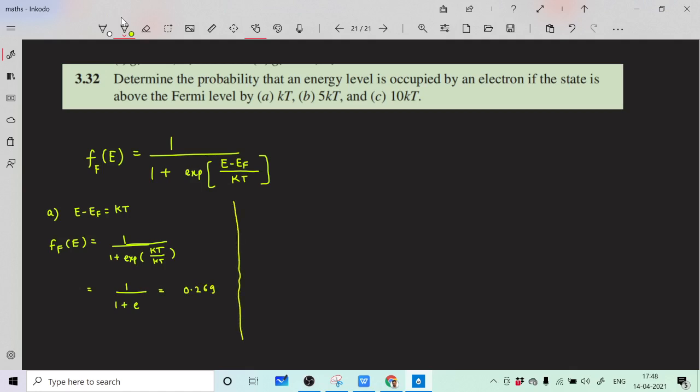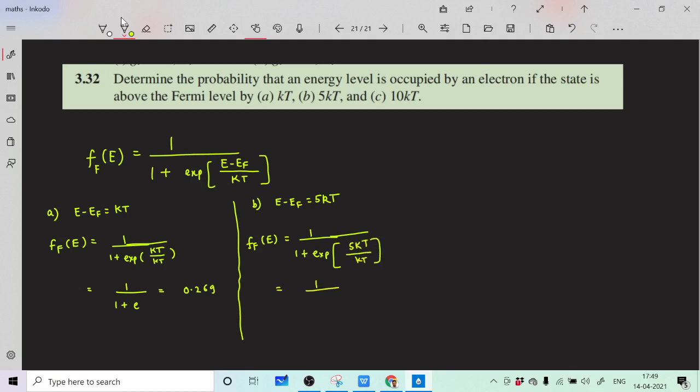Now we will take the B part. Here E minus EF is equal to 5 kT. So again the same formula, 5 kT by kT.